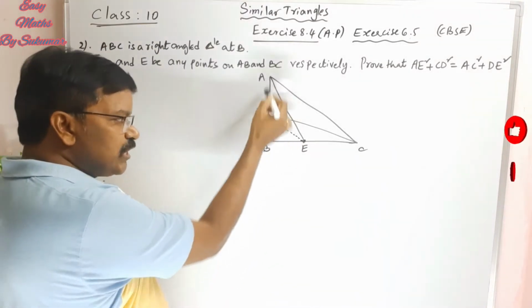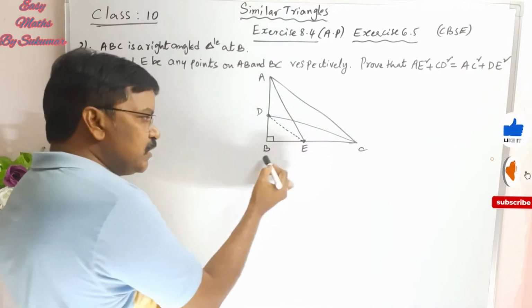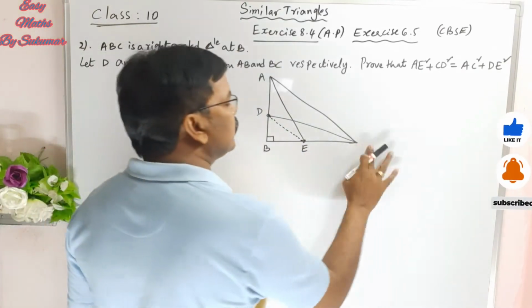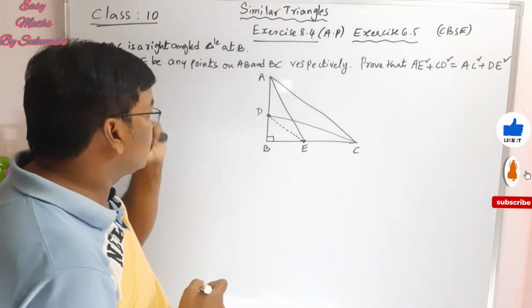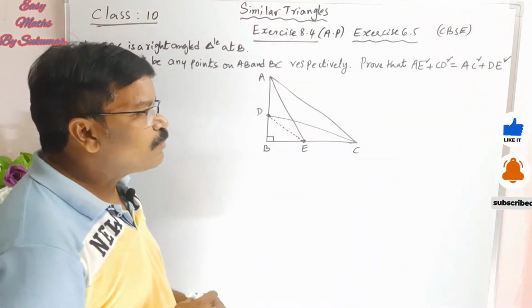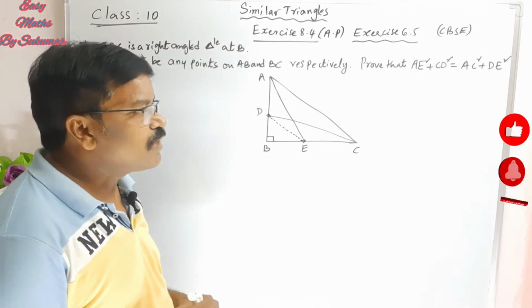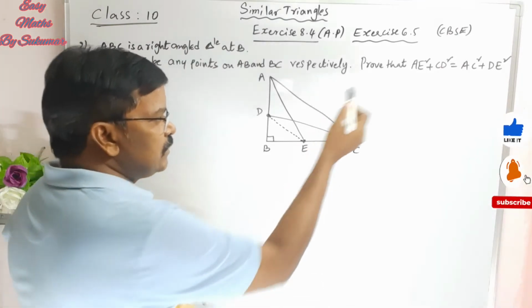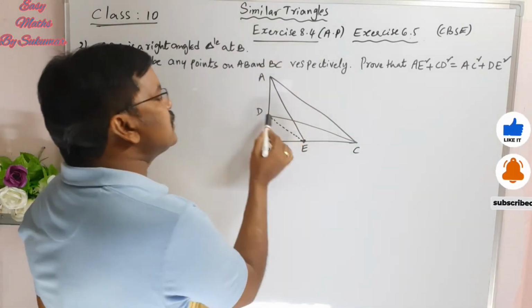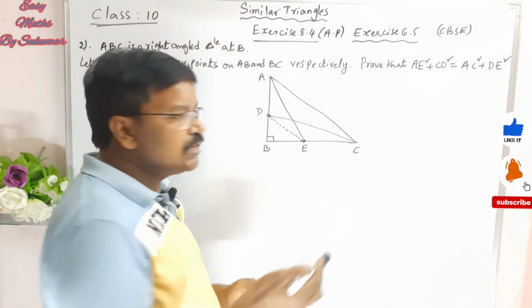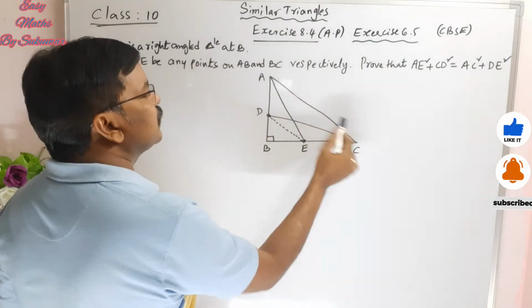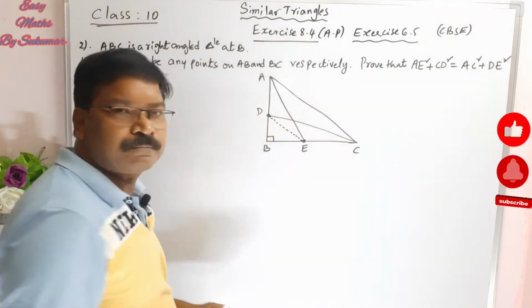D is a point on AB, E is another point which is on BC. Right. What we have to prove here? Prove that AE square plus CD square is equal to AC square plus DE square.